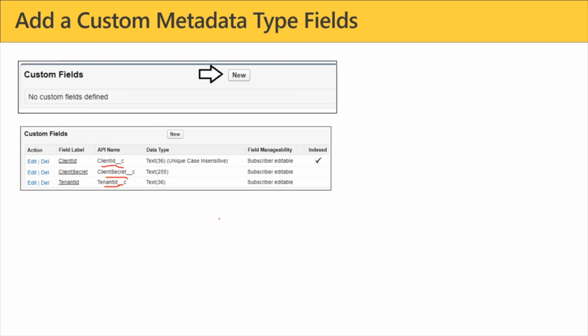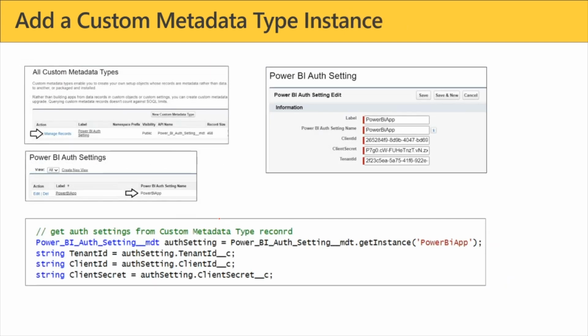Now, once you've created the custom metadata type, you have to create an instance of it. So there's also a way to go through and add a new record for your custom metadata type. And so here's the example where you have a custom metadata type, and now you're going to create an instance, and you're going to put in the client ID, client secret, and tenant ID.